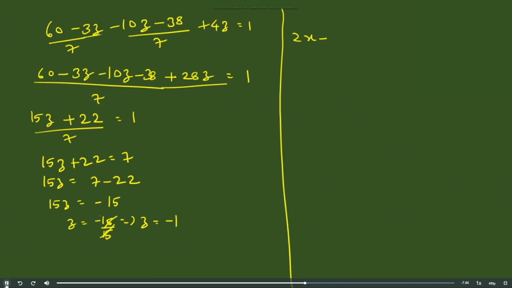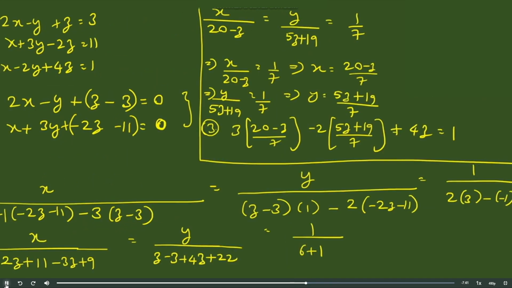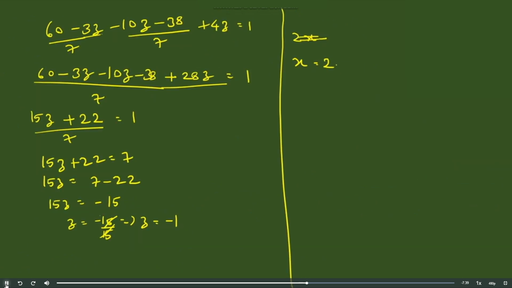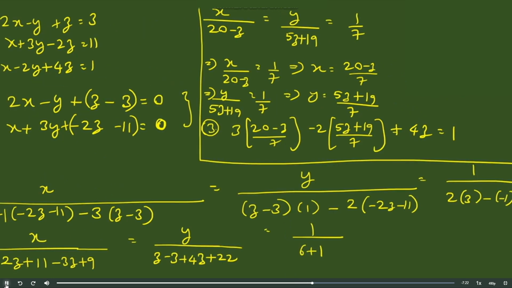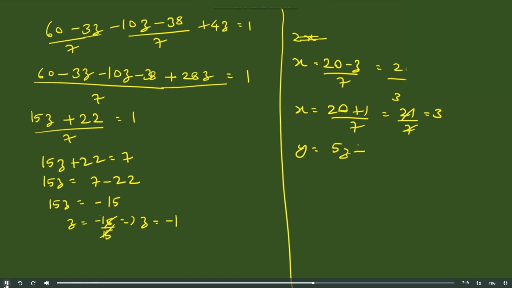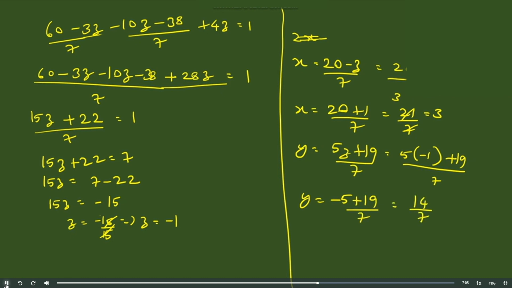Sorry, I have x and y in terms of z, so I can use that. x is 20 minus z by 7, which is 20 minus of minus 1 by 7, so x is equal to 20 plus 1 by 7, which is 21 by 7, and y is equal to 5z plus 19 by 7, which is 5 into minus 1 plus 19 by 7. y is equal to minus 5 plus 19 by 7, which is 14 by 7.